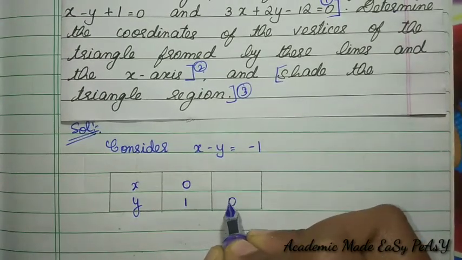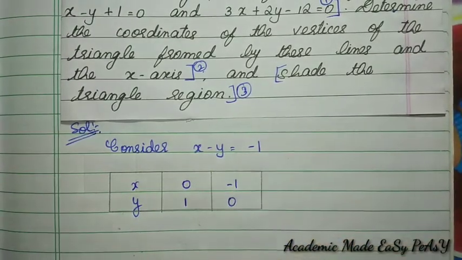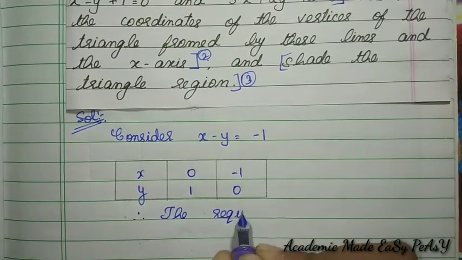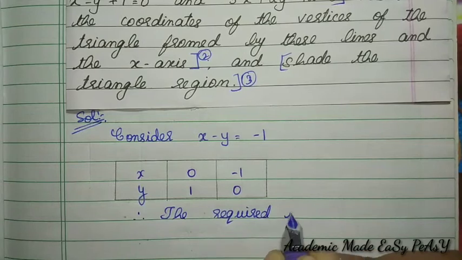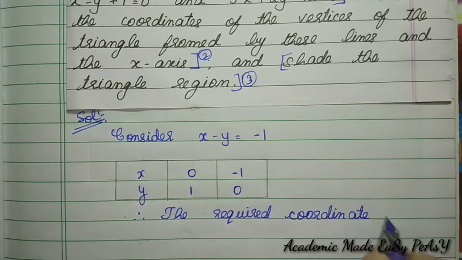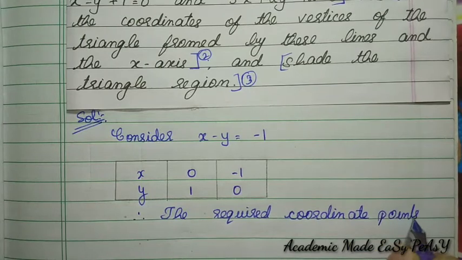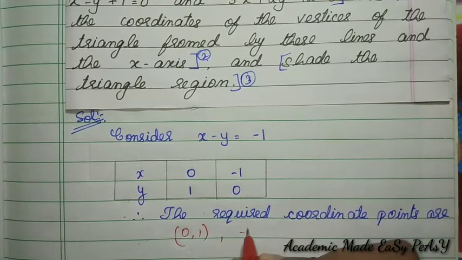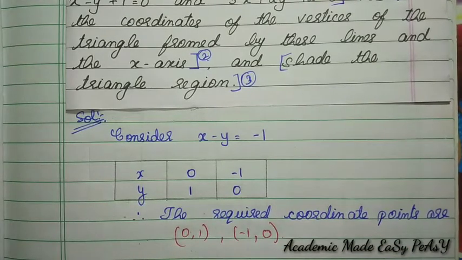If I have y as 0, x will be minus 1. So therefore the required coordinate points are 0, 1 and -1, 0.